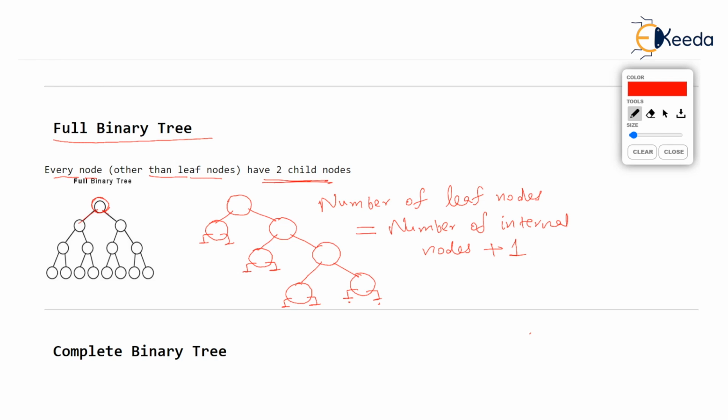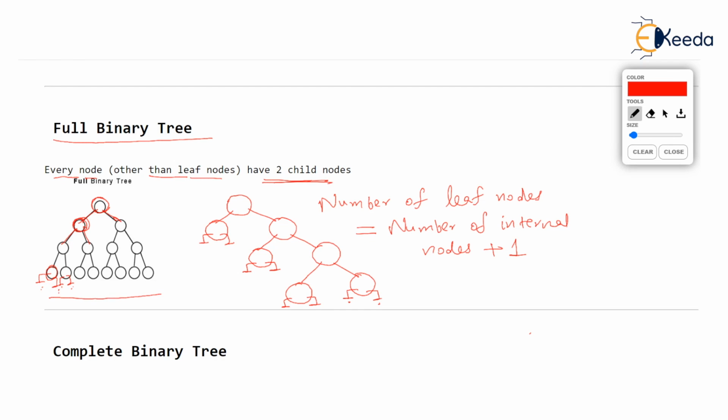So if you have a node, this is also a non-leaf, it should have two children. So a node can have two children or zero children. When will you have a node with zero children? If it is a leaf. So except for leaves, all nodes should have exactly two children. I hope you are understanding. That's a full binary tree.